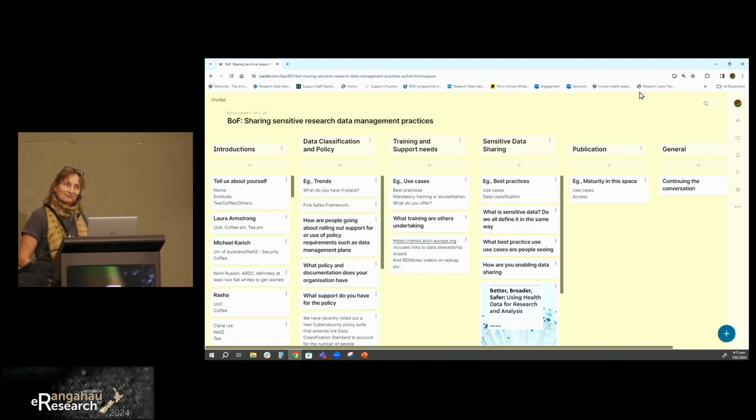If cybersecurity is doing some training for our researchers, we'll happily jump on the bandwagon and say yes, please, while we collaborate and do something for the rest of the university. But I think we need to move away from a them and us attitude and more of a, oh great, someone else is doing this too. How can we work together to actually make it a joined up experience?